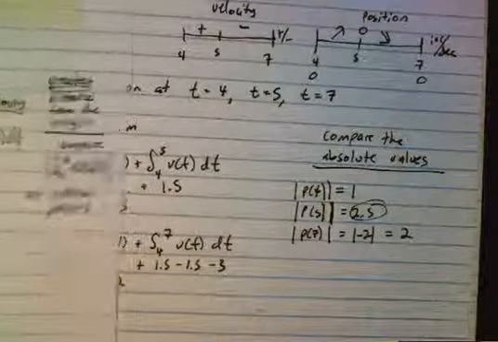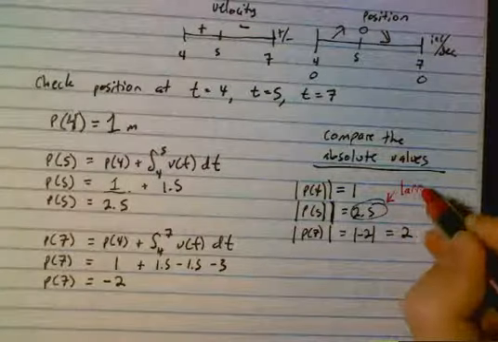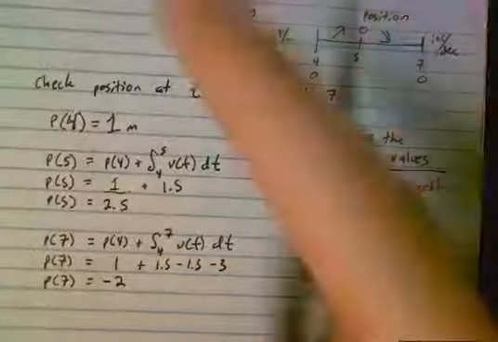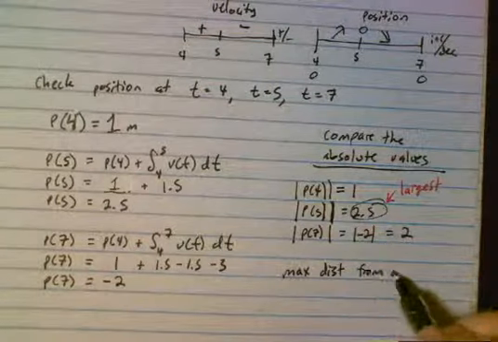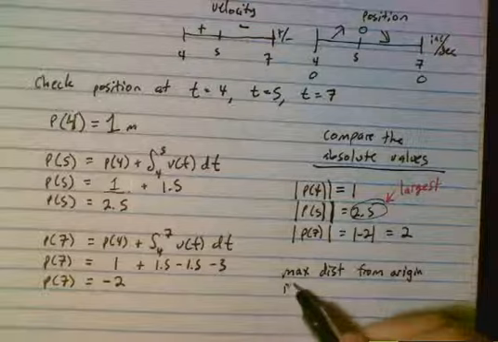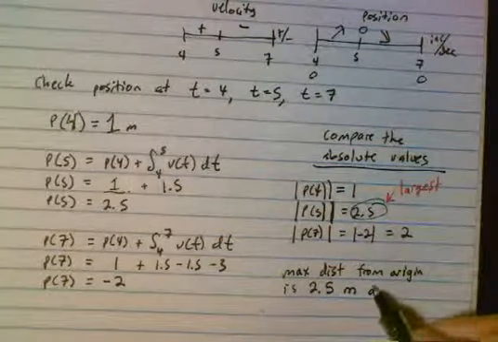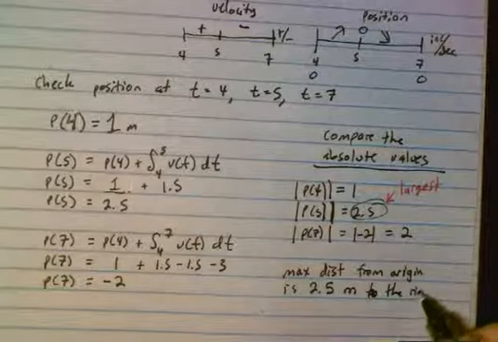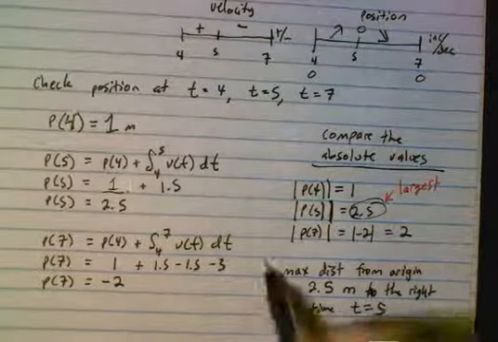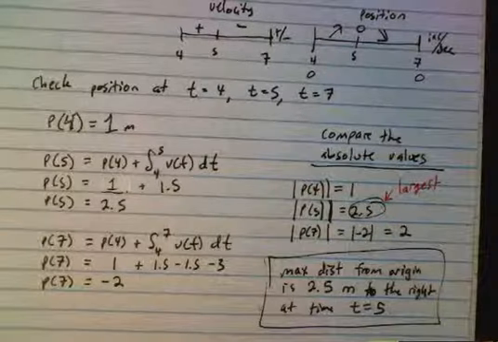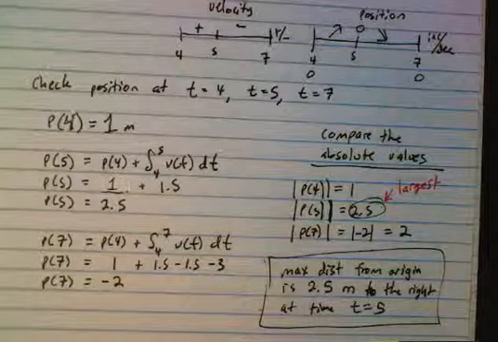So this is our answer because 2.5 is the largest of these numbers. Right there. Now, all of these are in contrast to average value.